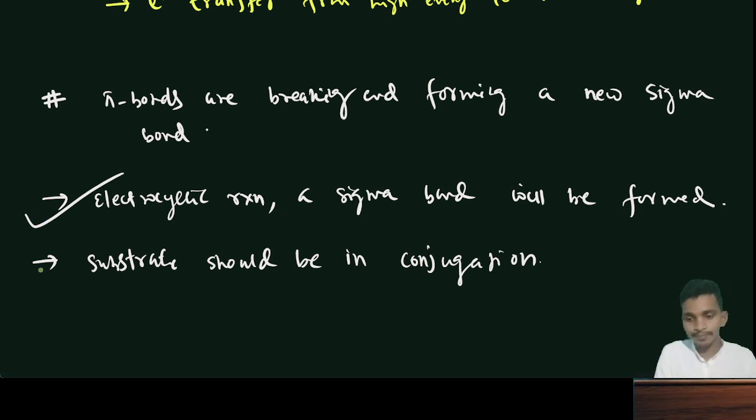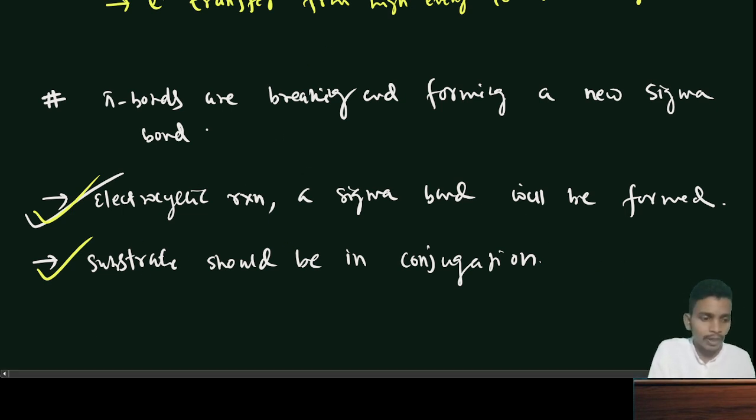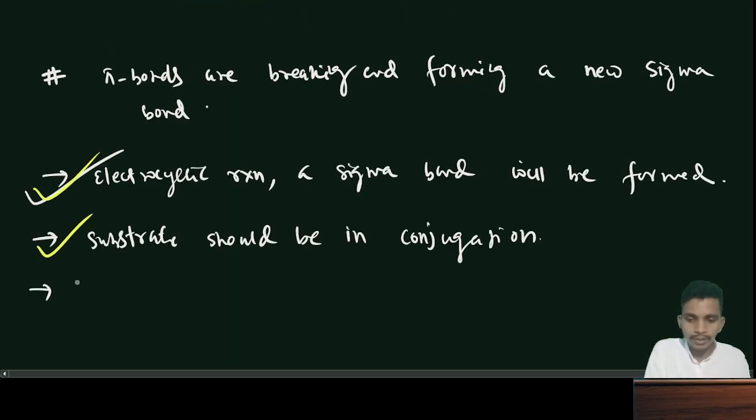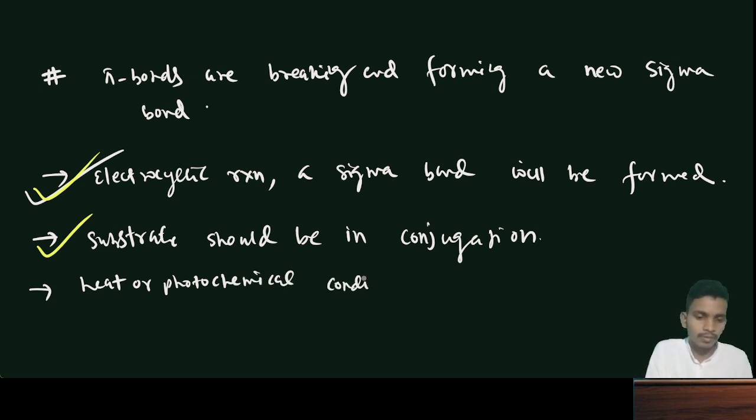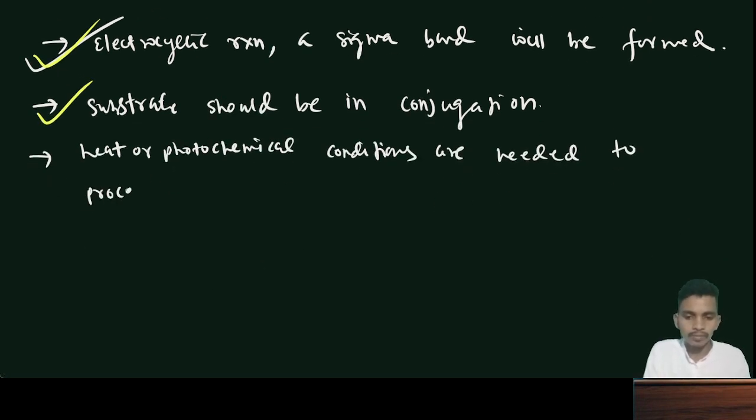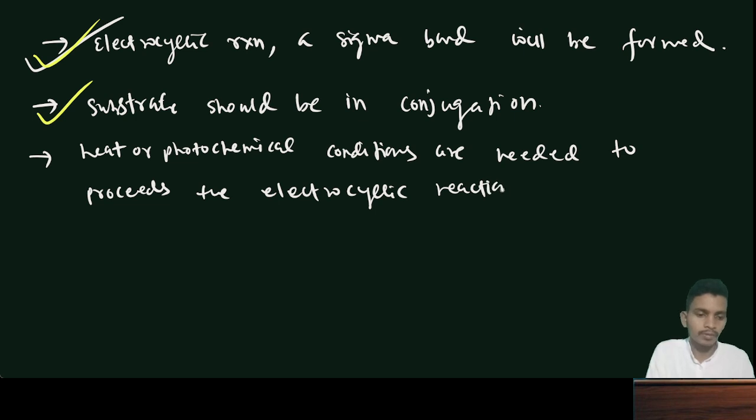So these are the points needed for an electrocyclic reaction. And you have to give heat, so heat or photochemical conditions are needed to proceed with the electrocyclic reactions. Okay, so these are some points about electrocyclic reactions.